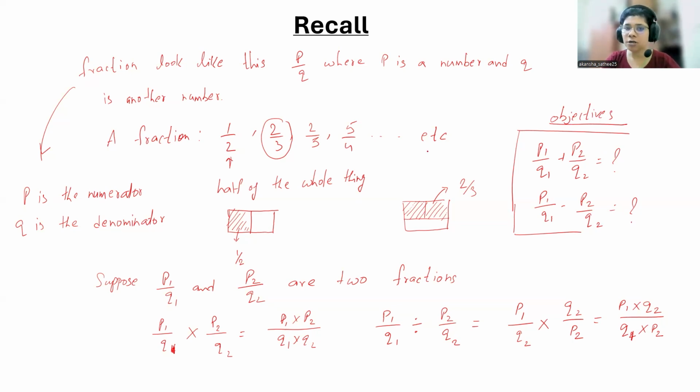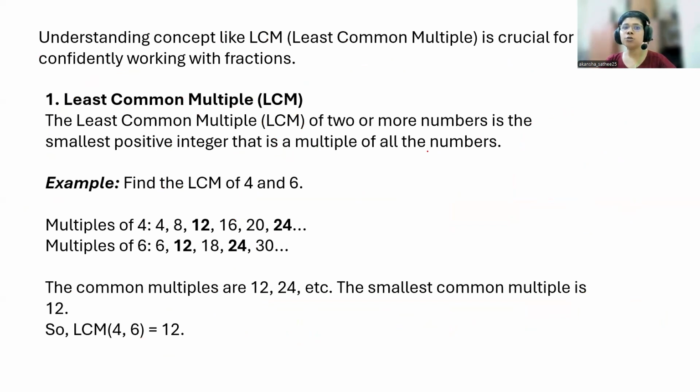We have already talked a bit about addition and subtraction in the last video. Understanding concepts like the least common multiple, also known as LCM, is crucial for confidently working with fractions. First, what is meant by the least common multiple?